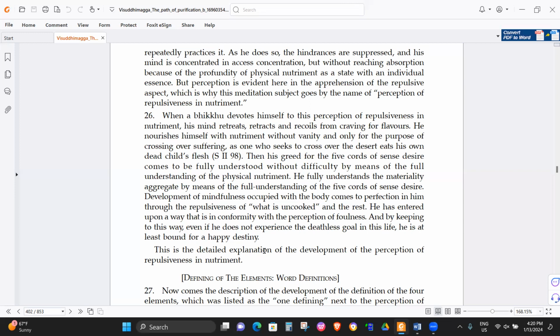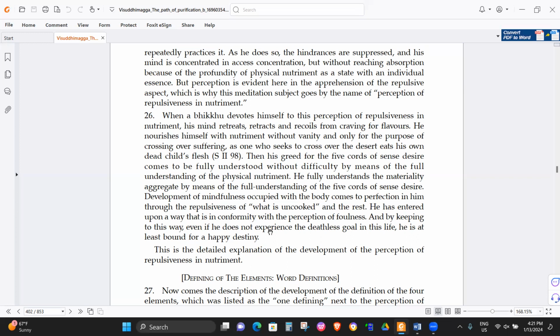He fully understands the materiality aggregate by means of the full understanding of the five cords of sense desire. Development of mindfulness occupied with the body comes to perfection in him through the repulsiveness of what is eaten and the rest. He has entered upon a way that is in conformity with the perception of foulness, and by keeping to this way, even if he does not experience the deathless goal in this life, he is at least bound for a happy destiny.